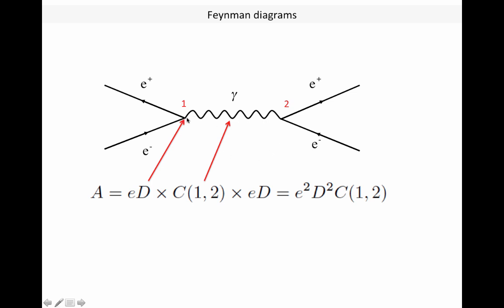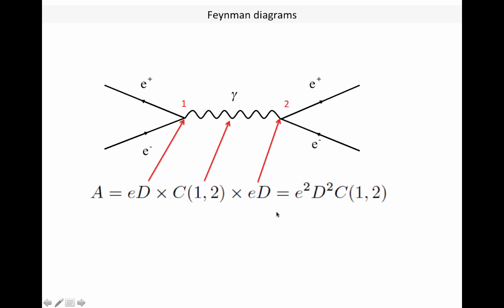For every photon that starts at a vertex and ends in a vertex, this is a so-called virtual photon, you write down a factor C, and in parentheses, you write down the number corresponding to the vertex you start from and the vertex you end up at. So this is C12. And C is the propagator, the probability that a photon travels from 1 to 2. And then finally you have another vertex, which gives you another factor of E times D.